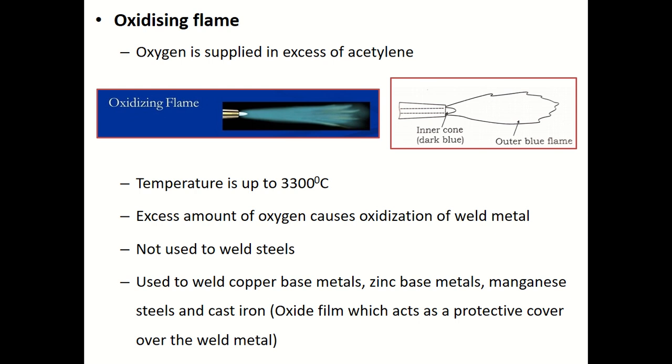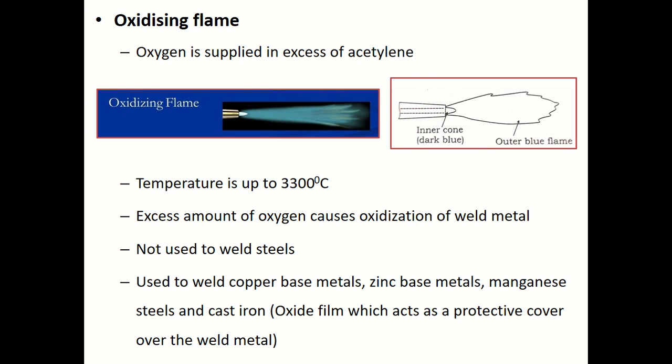The inner cone is dark blue in color and more pointed than in the neutral flame, and the outer flame envelope is much shorter and not as sharp as a neutral flame. Look at this: you can see the outer blue flame and the inner cone which is dark blue in color.